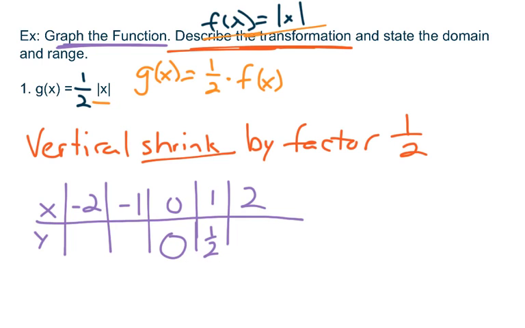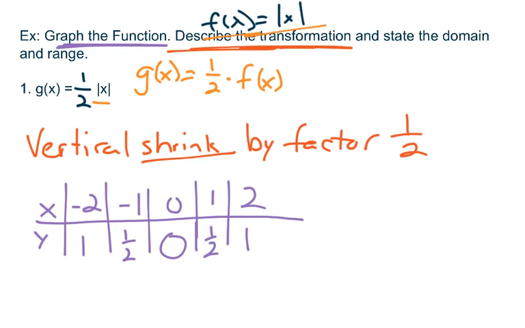They have that nice little reflection, that symmetry to it, so this is going to be also 1/2, because the absolute value of -1 is 1, and half of 1 is 1/2. Okay, so the absolute value of 2 is 2. Half of 2 is 1. And then the same thing with the -2. Absolute value of -2 is 2, times 1/2 is also 1.